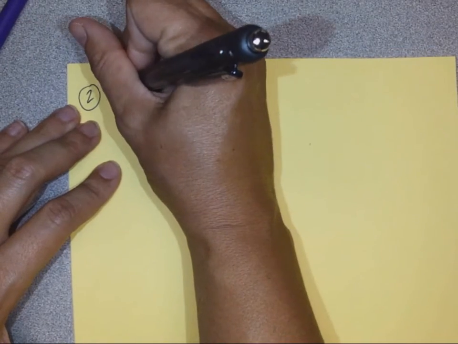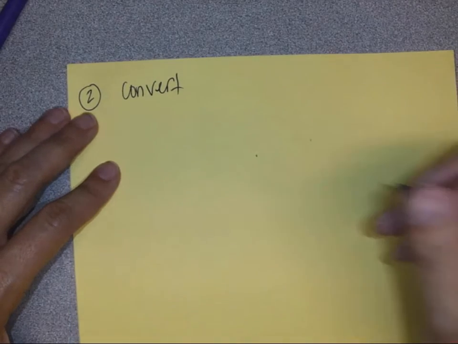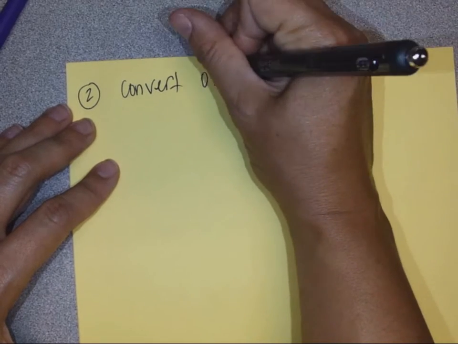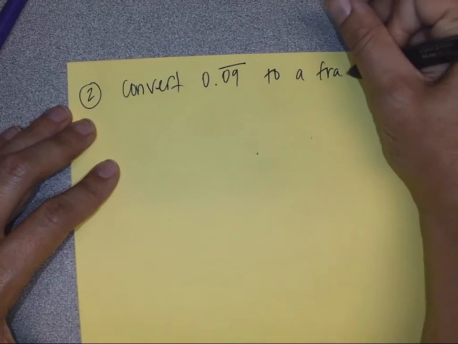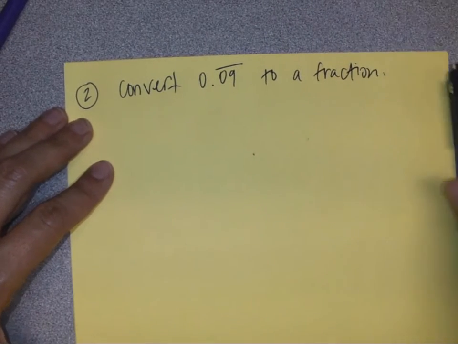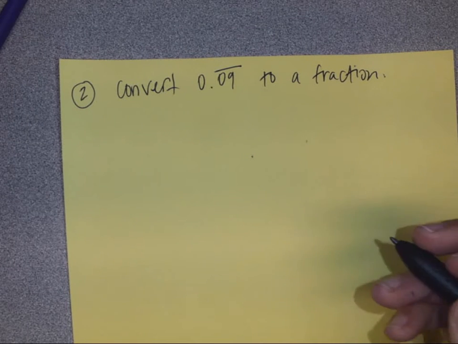Okay, so look at number 2. So we are going to convert 0.09 repeating to a fraction. Okay, so this time we didn't actually tell you what the fraction is. We want you to figure out what the fraction is.